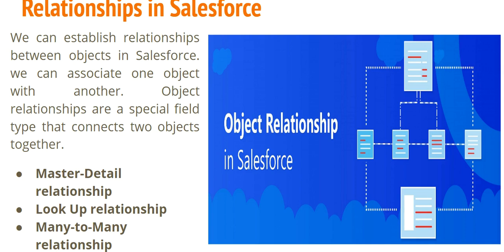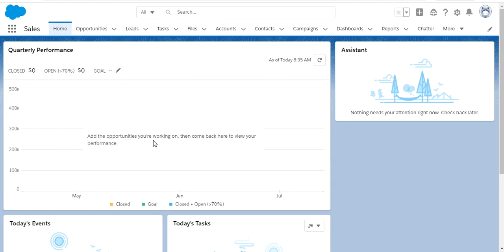So let's go and create a relationship. Here we are on our home page, and just suppose I want to create a relationship between the account and any custom object.